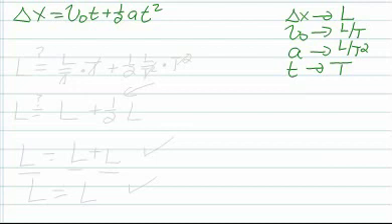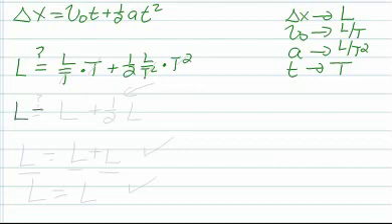So delta x, L. And we will use this little symbol that says, is it equal to v0 velocity, L over t times t plus 1/2 a L over t squared times t squared. So the goal is to see if the right side shrinks down to L. If it does, they're equal and it is dimensionally consistent.